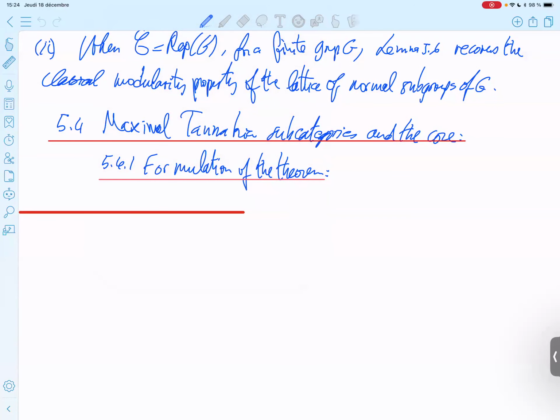Maximal Tannakian subcategory and the core, formulation of the theorem.